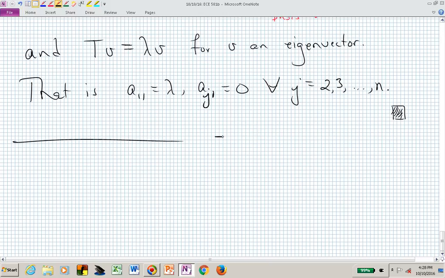And that says we can actually find, using just one eigenvector, a representation where at least we have all zeros below the very first entry.